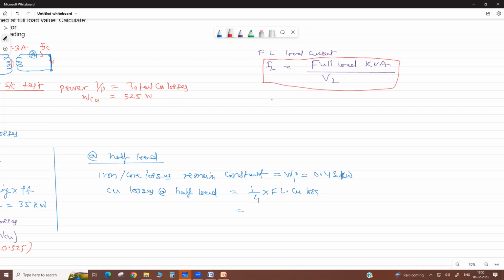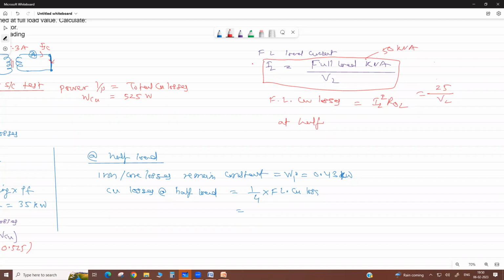At full load, if we calculate the full load copper loss referred to the secondary side, you take I2 squared R02, correct? It is the square of the load current. Now at half load, the kVA rating becomes half. Suppose it is 50 kVA here, but at half load there is only half of the rated capacity, which is 25, then divide by V2.